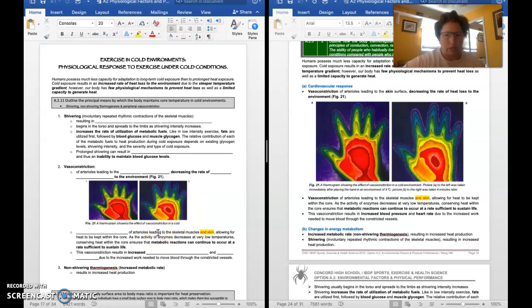So we lose heat from the center of the hand. We get more purple or more blue around the areas. The reason why this happens is because of vasoconstriction. Vasoconstriction is on the skin surface, which decreases the rate of heat loss to the environment.